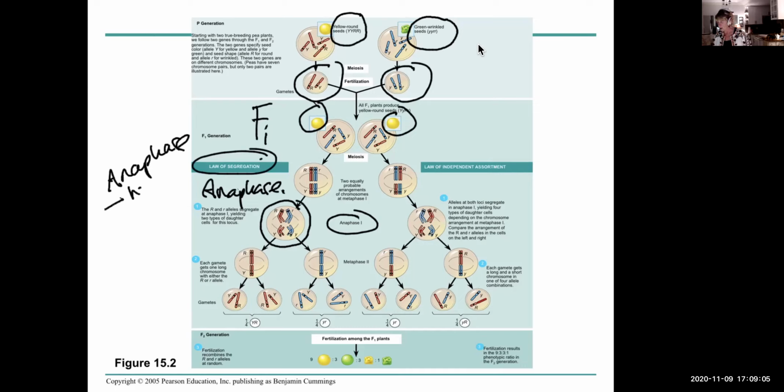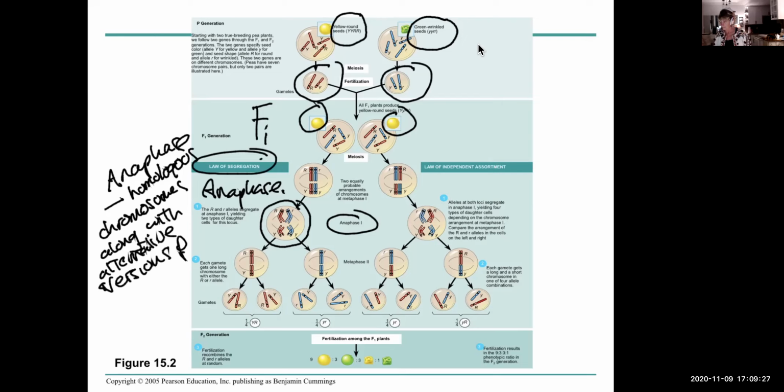In anaphase, the homologous chromosomes, along with their alternative genes, are segregated. Law of segregation.